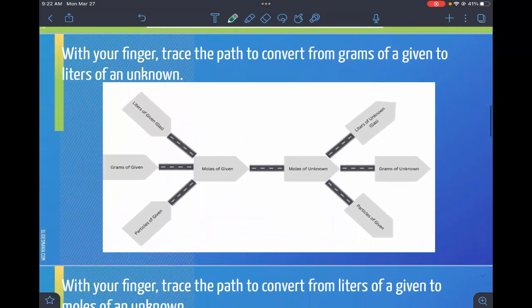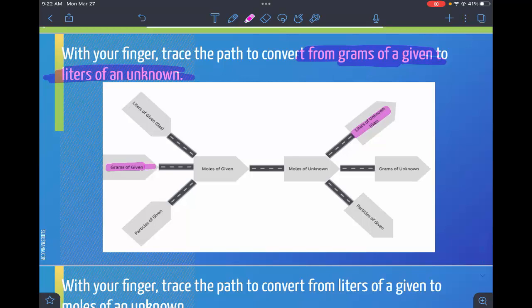This is our molar roadmap. We are going to practice finding a path on the molar roadmap like we did in the last unit. So this one says, with your finger, trace the path to convert from grams of a given, so that's where we're going to start, to liters of an unknown. So we're starting here and ending here, and you must follow the arrows of the molar roadmap.